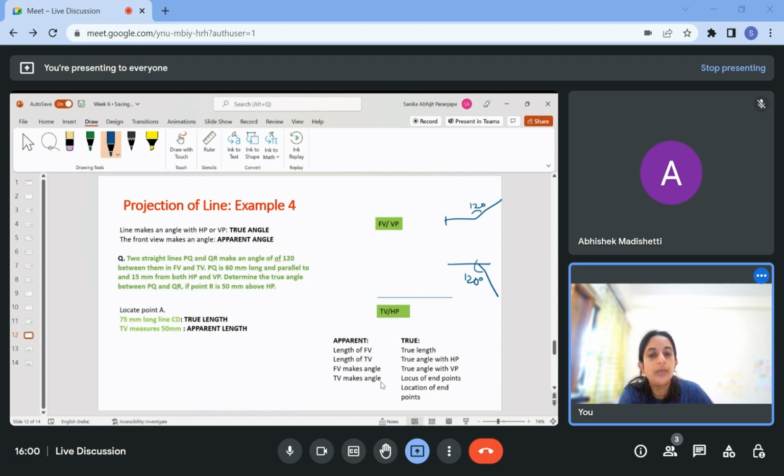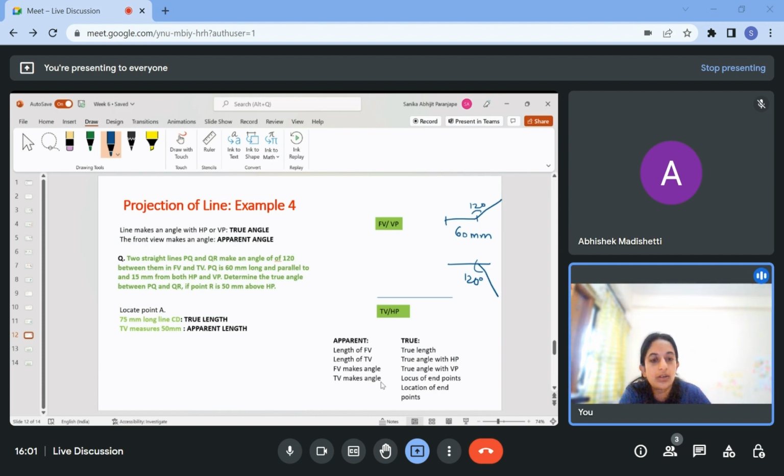Now they have said that PQ is 60 mm long, it is parallel to HP and VP. So if this is my vertical plane and this is my horizontal plane, this line is going to be parallel here as well as parallel here, and the distance from both the planes is 15. So for the projection of such a line we always get the true length.